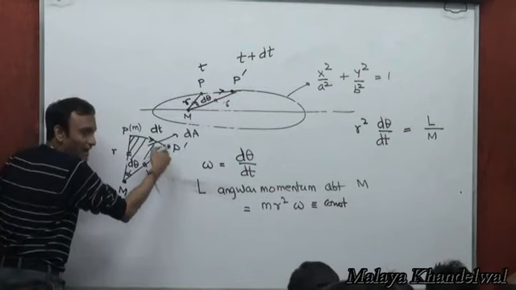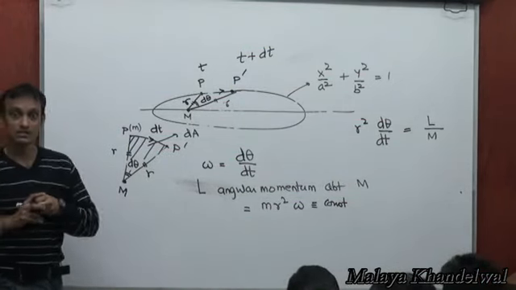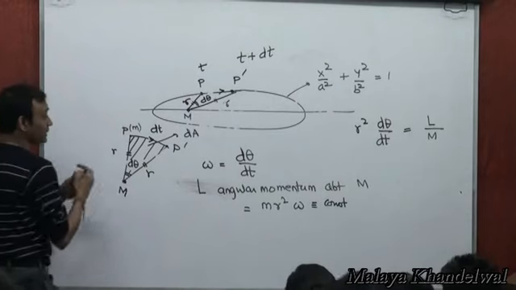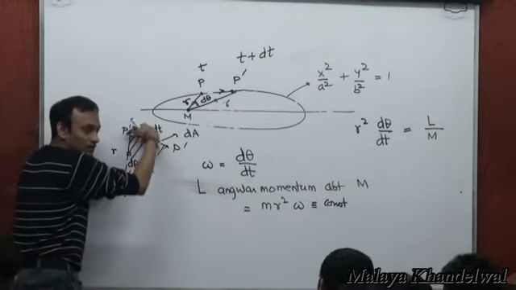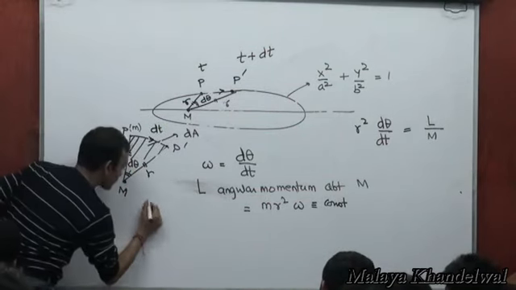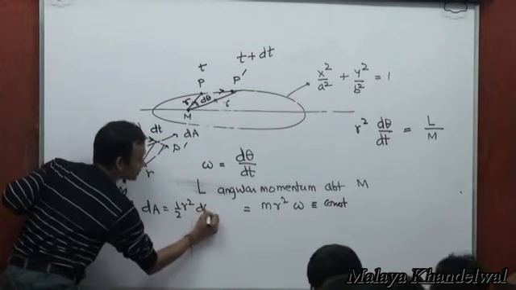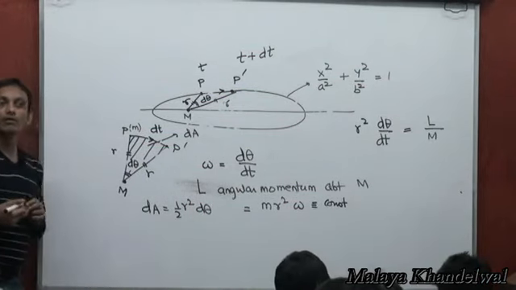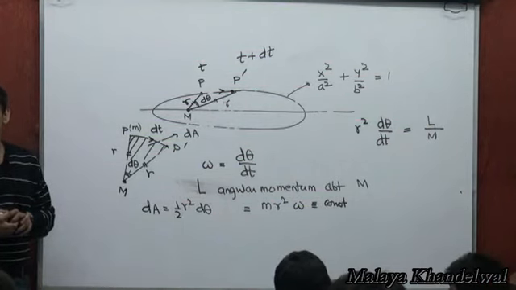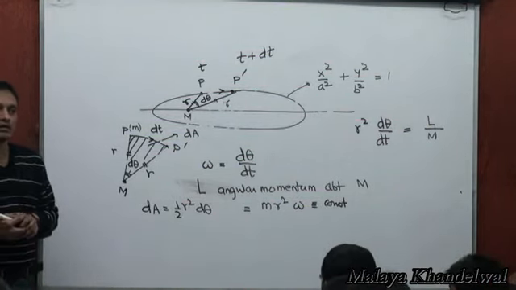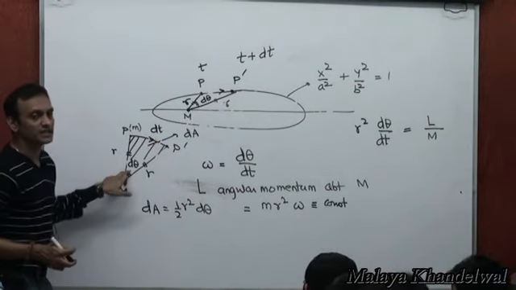Very clearly, the area enclosed by an arc is half r squared d theta. Half r squared into the angle at the center, that's the area.